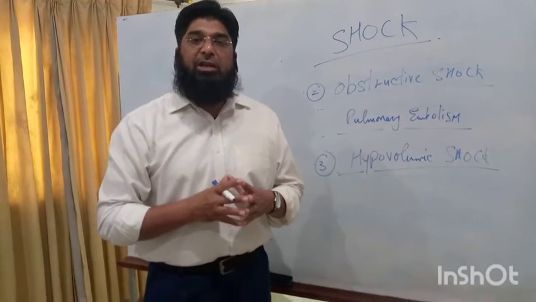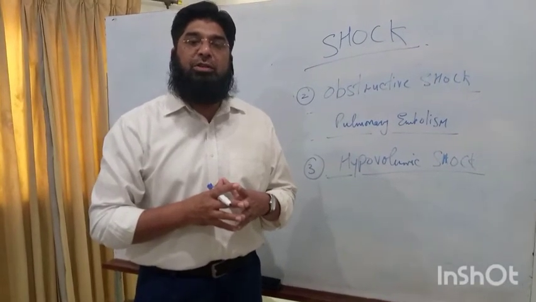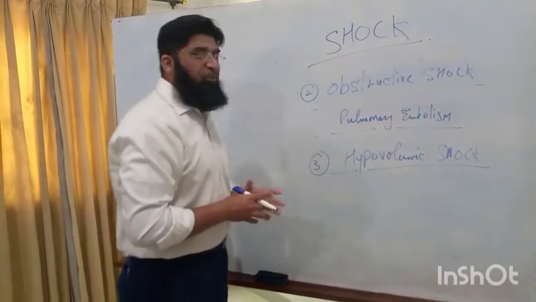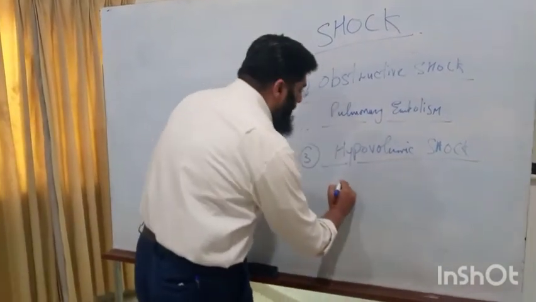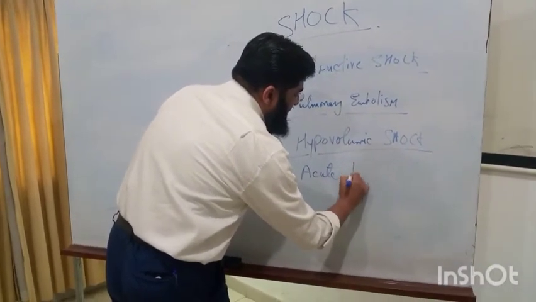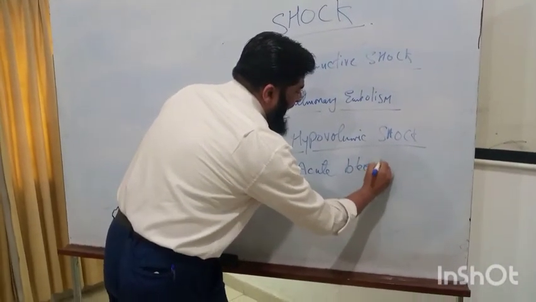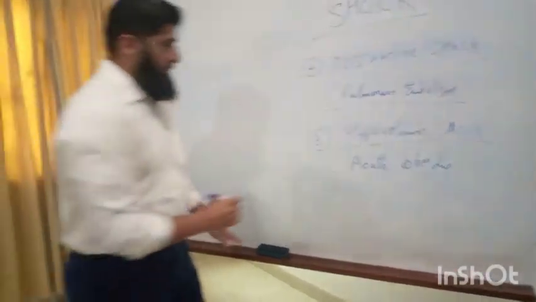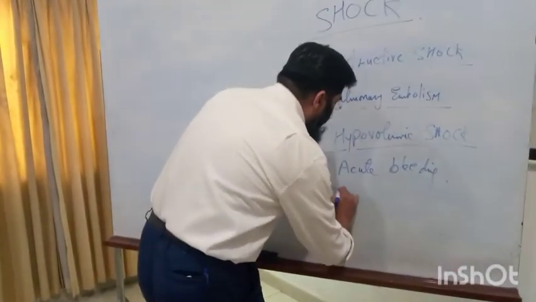As a result, there is decreased oxygen supply to the vital organs and tissues. Hypovolemic shock may be because of acute bleeding, which we call hemorrhage. Okay. Dehydration.